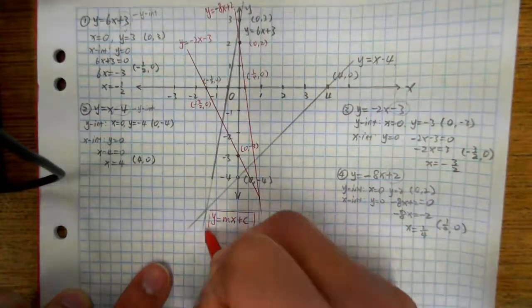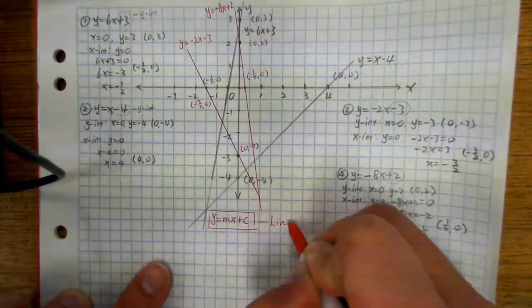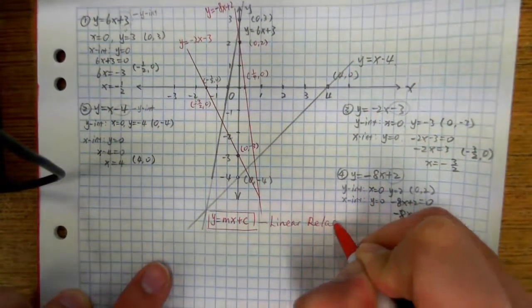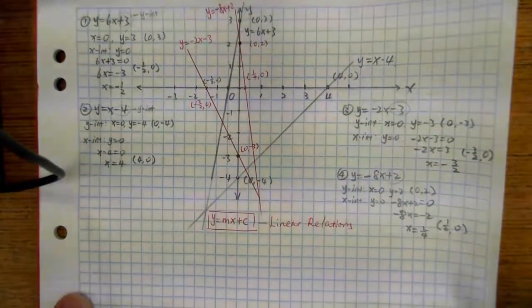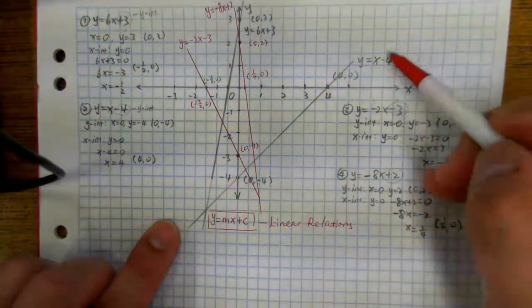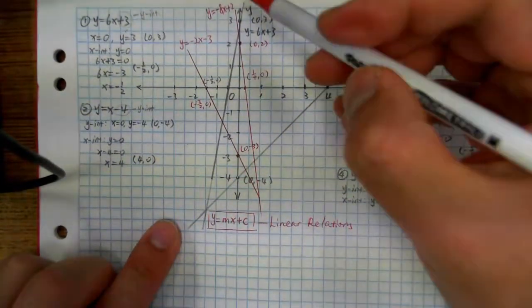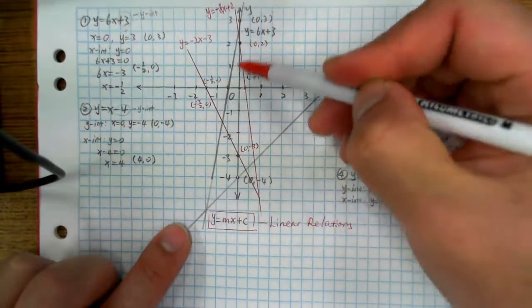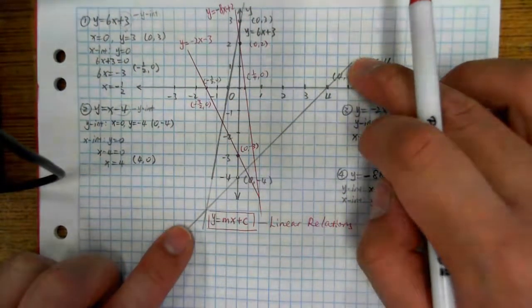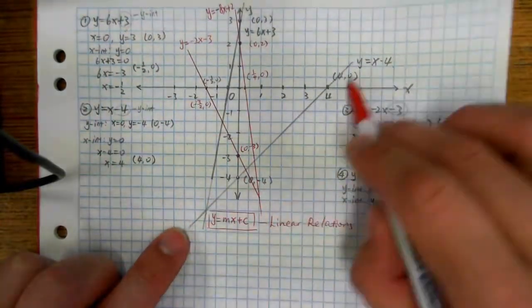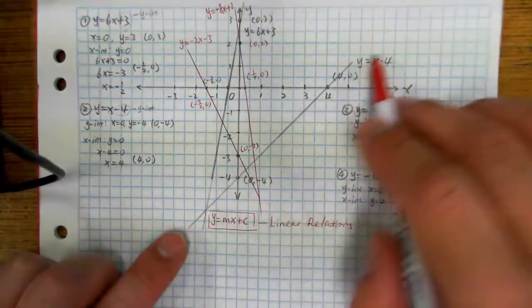And then we can easily see they are all lines. And this one is the linear relation. Okay. Now, we can also see the m. This is 1x. This is 6x. That means if the m is positive, then these 2 lines are increasing.